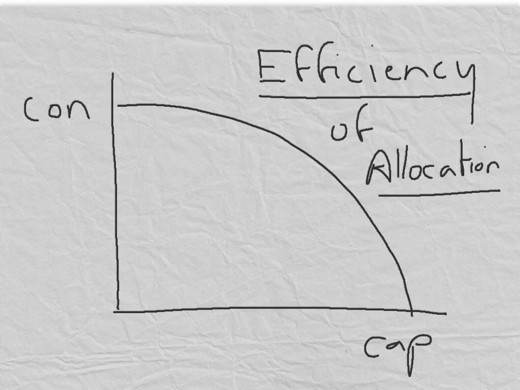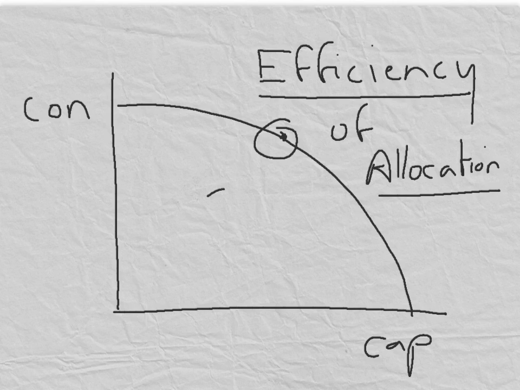What else can we show using this very useful diagram? Well, we can also illustrate the idea of efficiency of allocation. If an economy is operating on its PPF, it means that it is using all its available land, labor, capital, and enterprise.